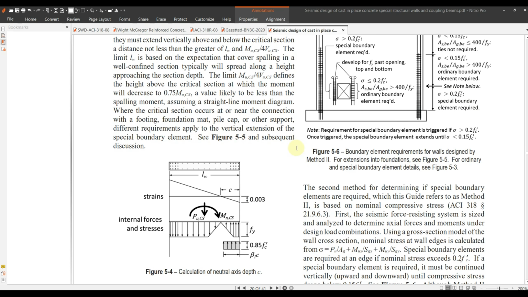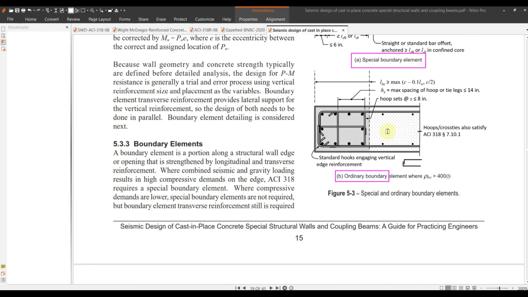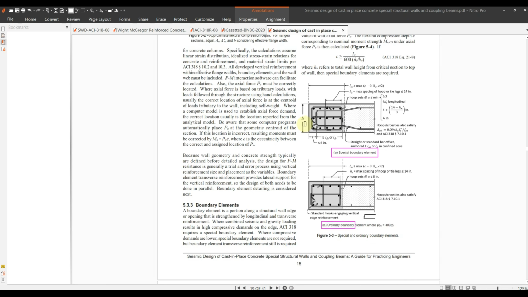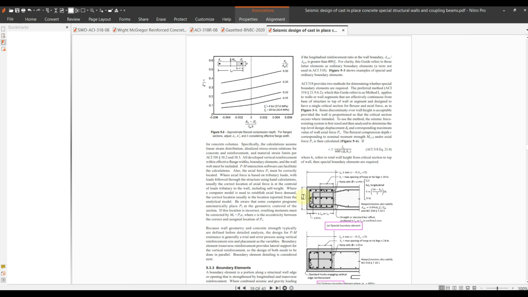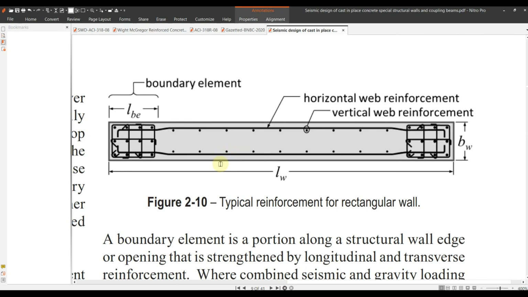And another thing which is of importance is you actually do not need to provide any transverse reinforcement in the middle portion. Between these two boundary elements, you do not need to provide any ties. Look at this. There are no ties in here. Or you can look at the first figure, which I have shown you. The first figure is this one. You do not need to provide any ties here.